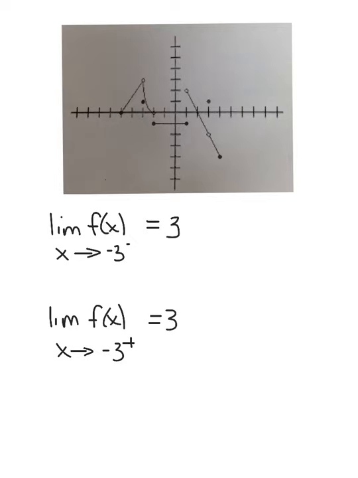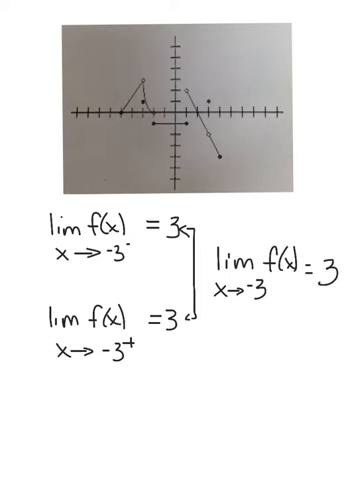So now you can see, since these guys both come toward the same y value, again, they don't need to reach it, they just have to come toward it, then we can say the limit of the function as x approaches -3 would exist, and it would be a 3. And the reason why it would be a 3 is because this answer is a 3 and this answer is a 3.